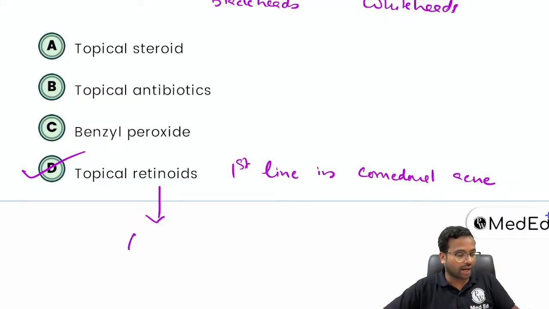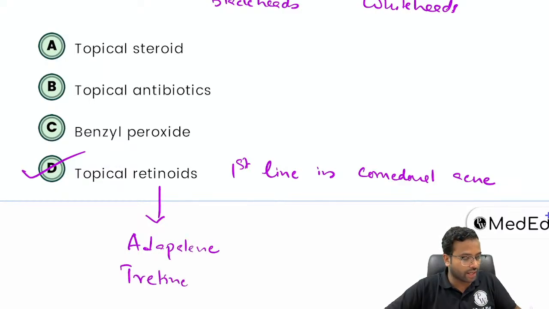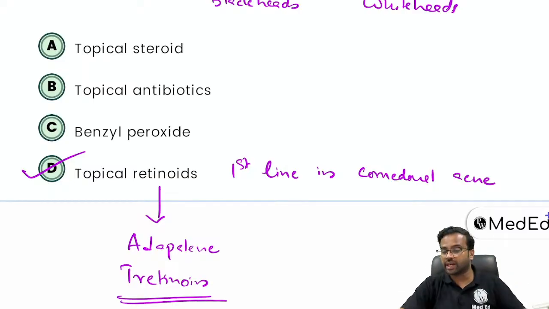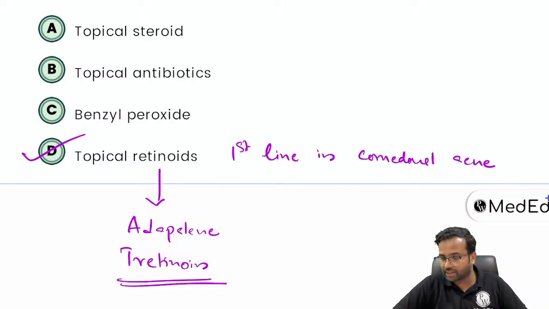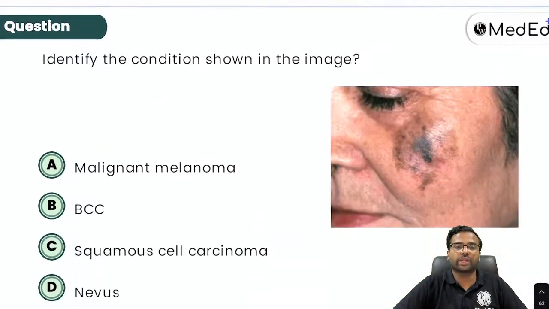The examples are adapalene. Remember some names: adapalene or tretinoin. Adapalene and tretinoin are examples of topical retinoids. Excellent. So now let's go to the next question.